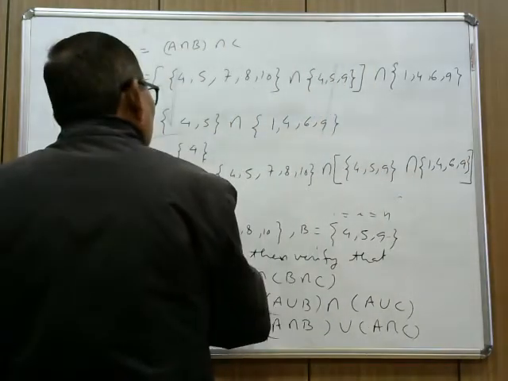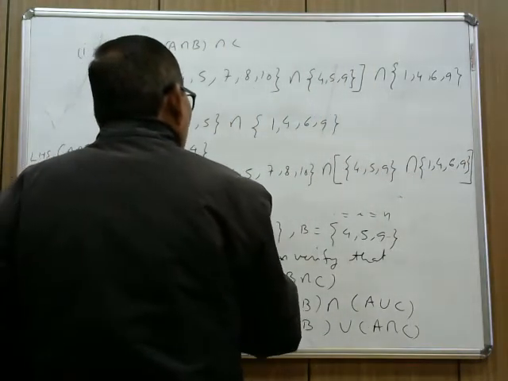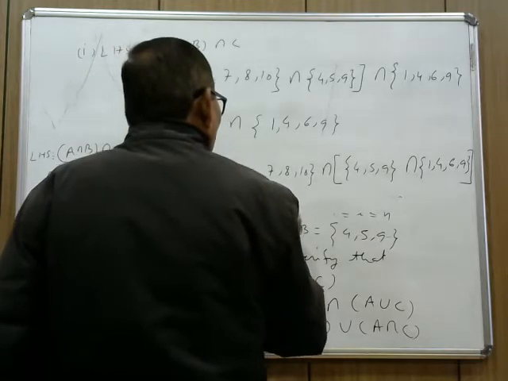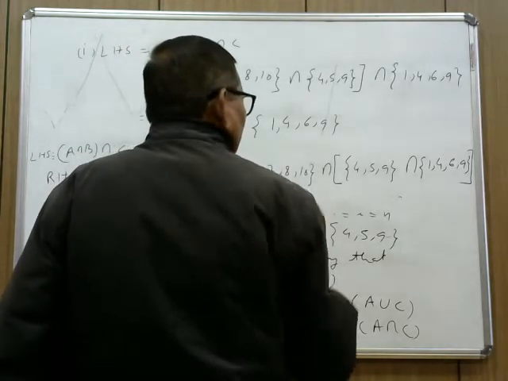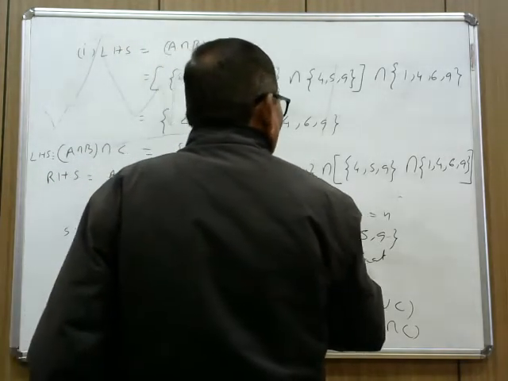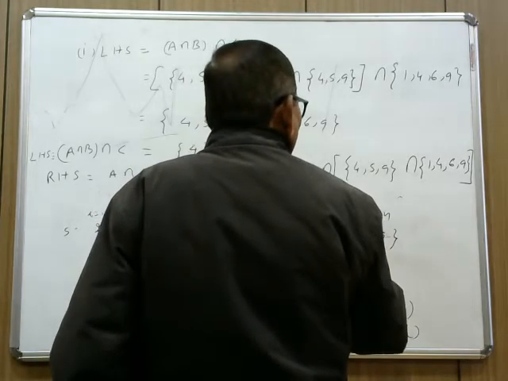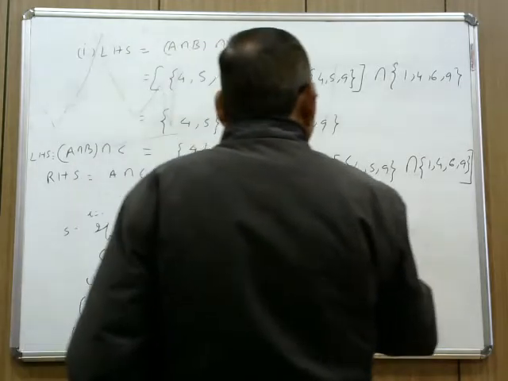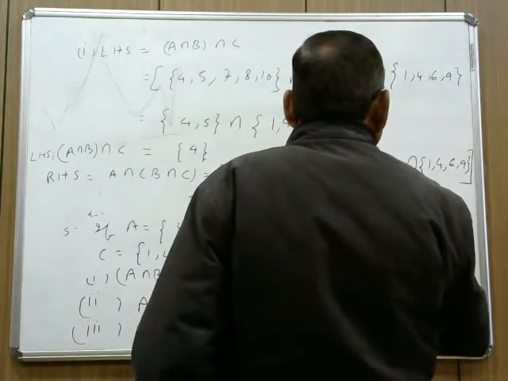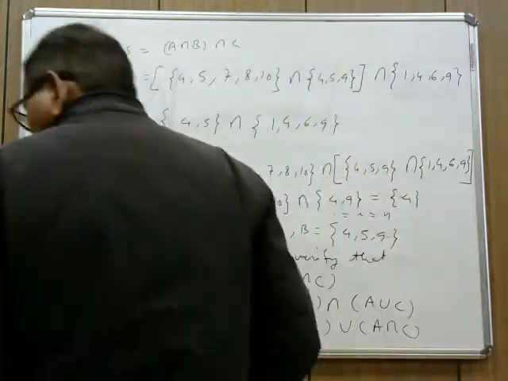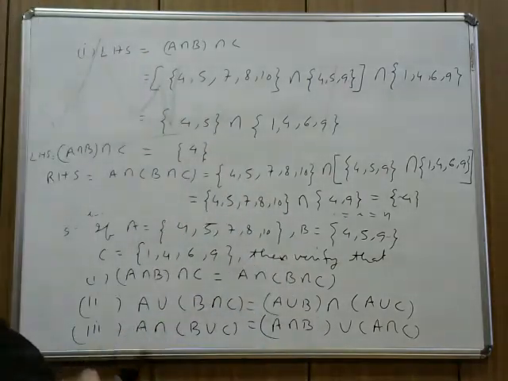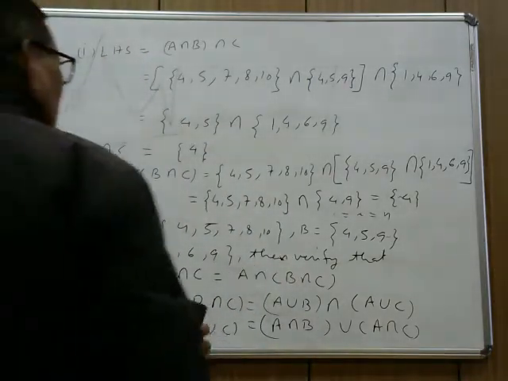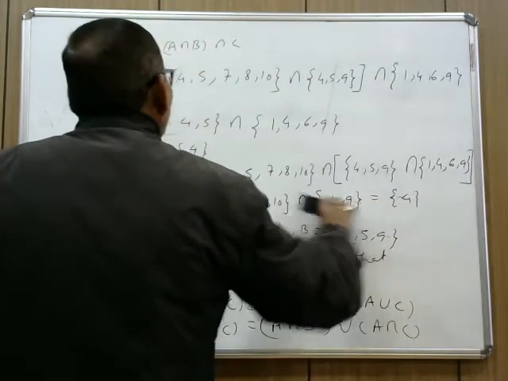You can write this is equal to {4, 5, 7, 8, 10} intersection {4}, and {4, 9}. Now the common of these two is again just the set {4}. So in this way you can observe your LHS and RHS are same.